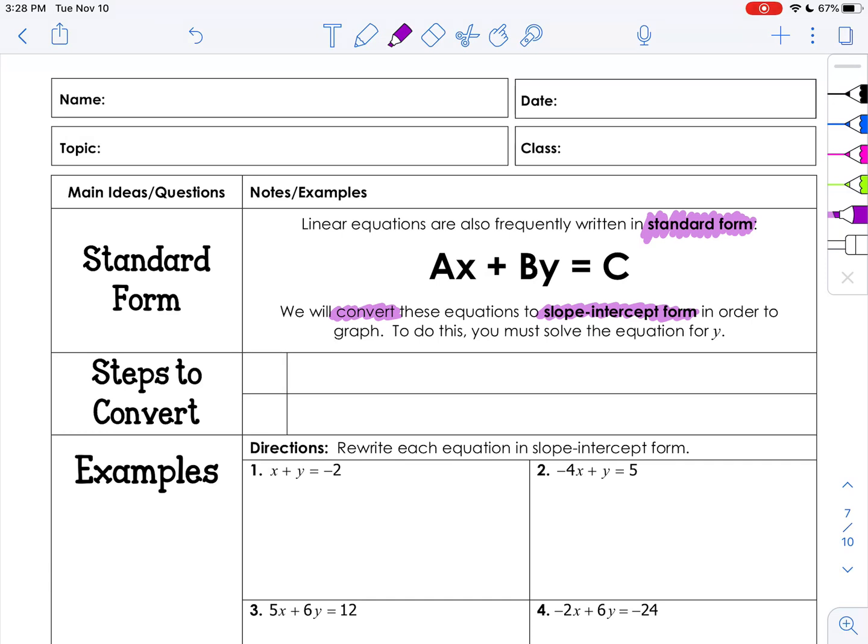To do this, remember, you have to solve the equation for y. The steps to doing that are: 1, add or subtract the ax term. So that's going to be this term here. You want to add or subtract whatever the opposite is to move it to the other side.